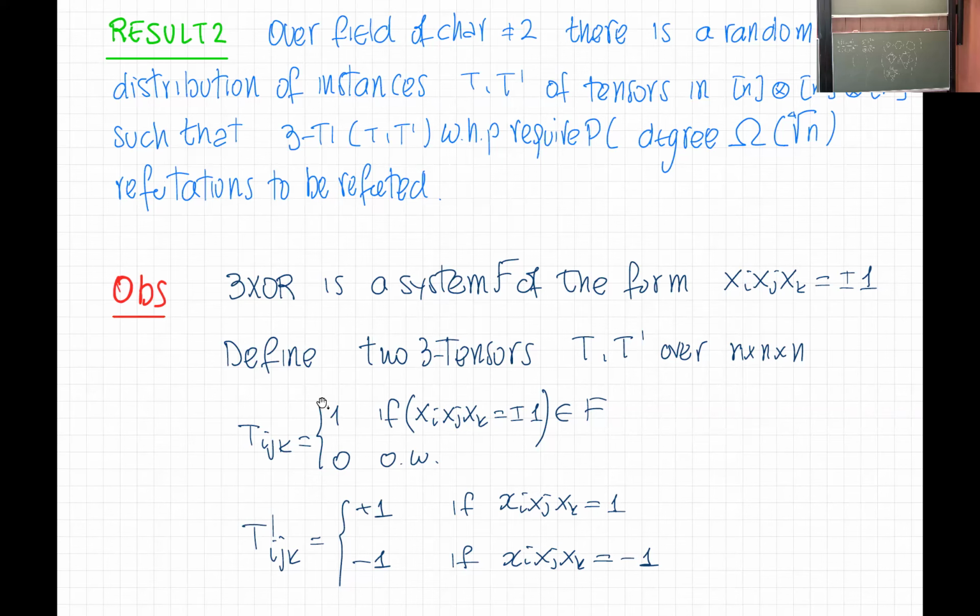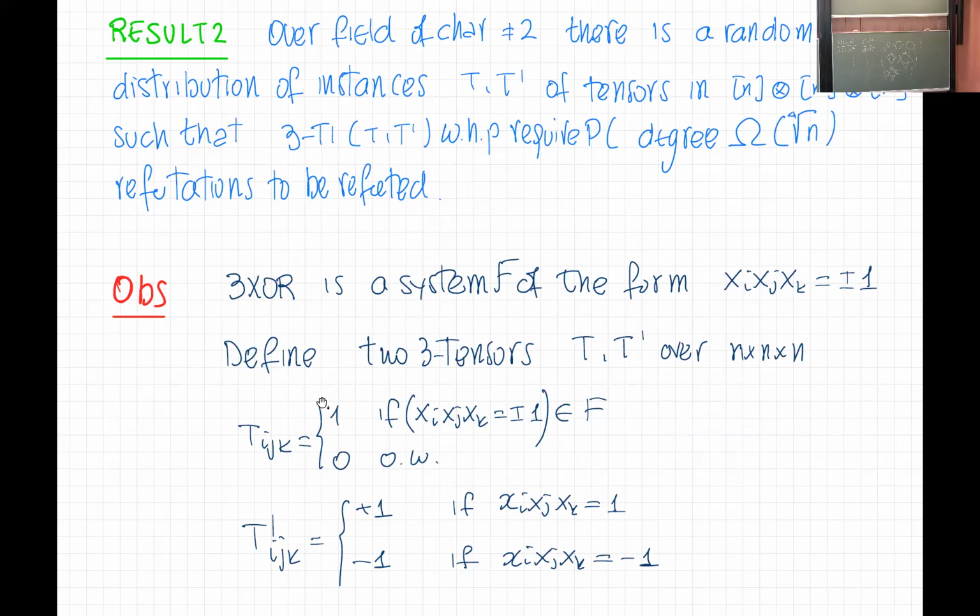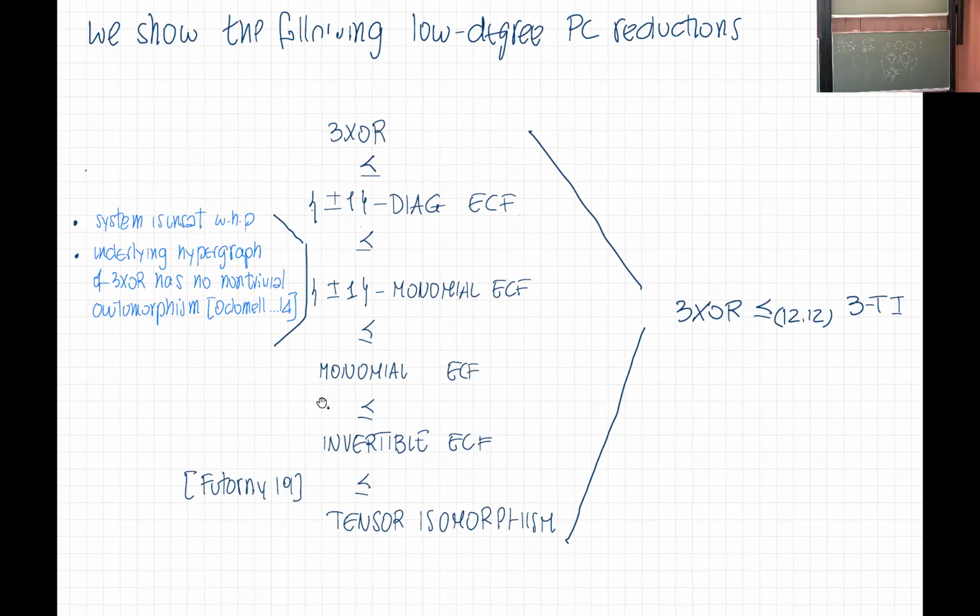The first one, T_ijk, takes entry 1 if the corresponding monomial is present or not. And the T' gets plus 1 or minus 1 depending on whether the corresponding equation has value 1 or minus 1. It's very easy. But to go from tensor isomorphism to random 3XOR, we have to do a series of reductions.